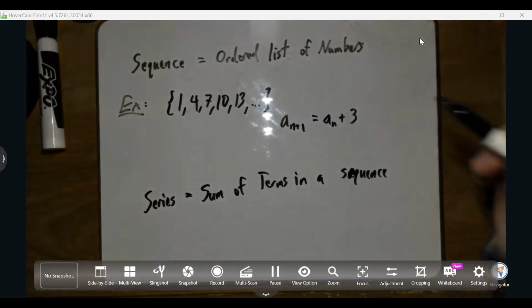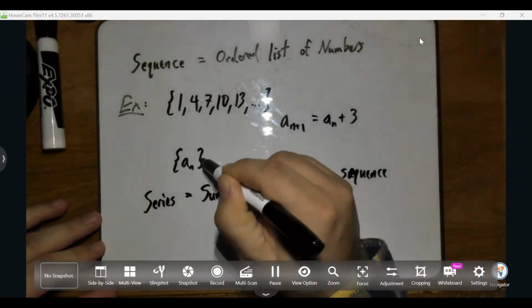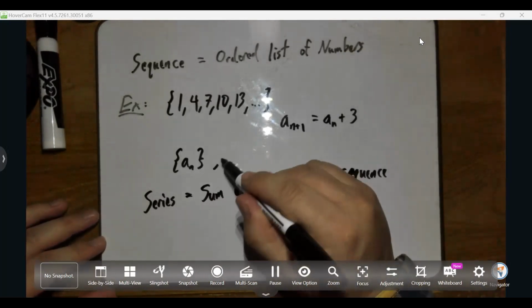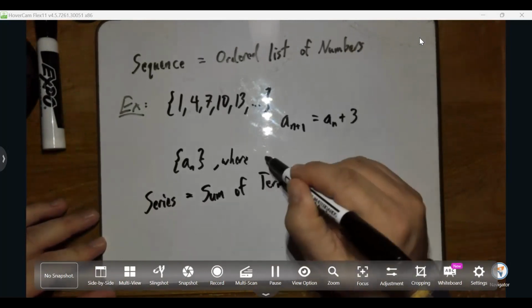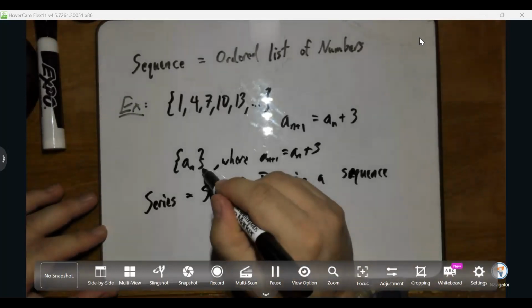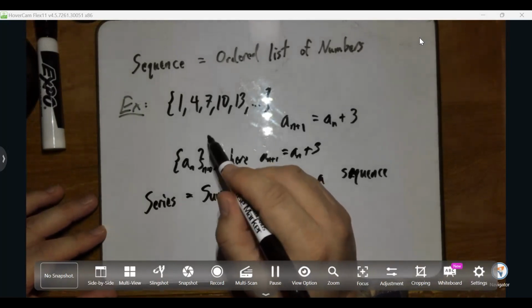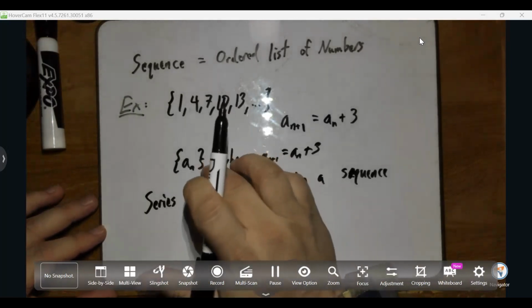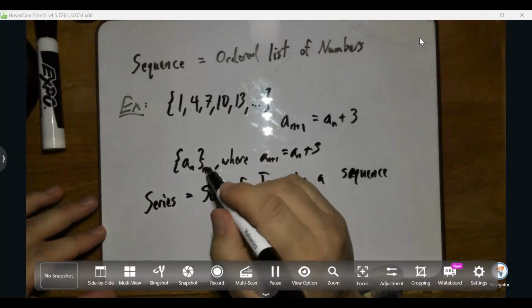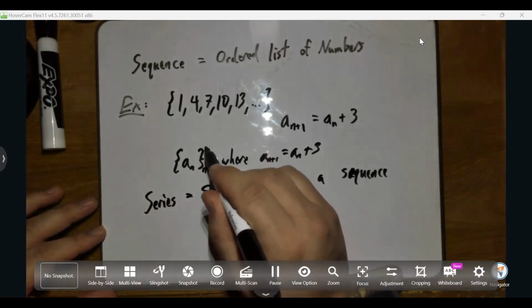That's how we're going to start. We're going to represent sequences using shorthand notation like this, where a sub n plus 1 equals a sub n plus 3, and this goes from n equals 0 to infinity, say.